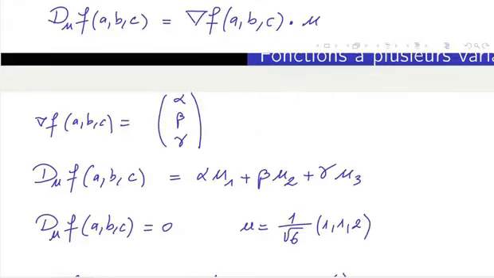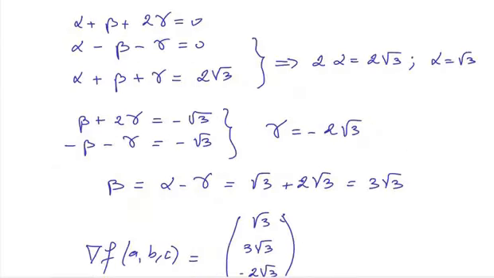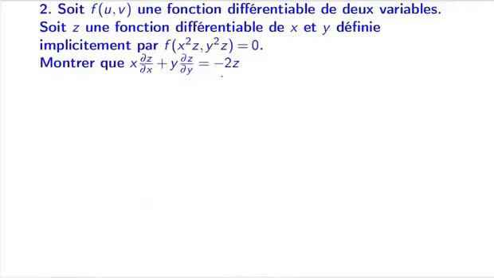Now, second exercise. We are given a function phi, differentiable, a function of two variables u and v, and let z be a differentiable function of x and y. z is a function of x, y, implicitly defined by the relation phi of x over z, y over z equals 0.